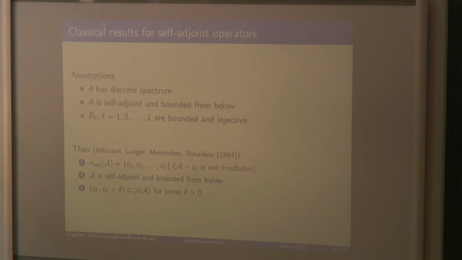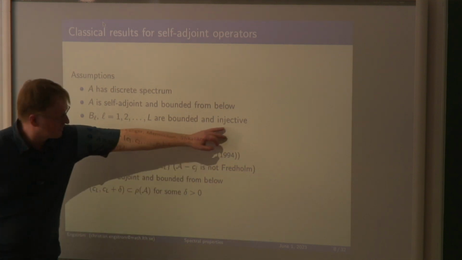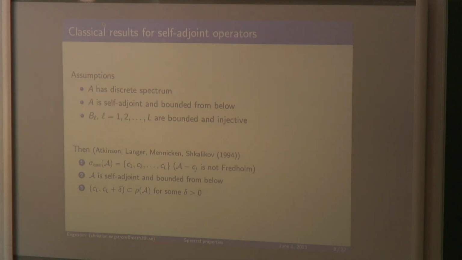Okay, so the first thing has to do with the block operator matrix, and we will have some assumptions. So we assume that A has discrete spectrum, is self-adjoint and bounded from below, and these BL are bounded. And later we will use that they are also injective, but we don't need that now.